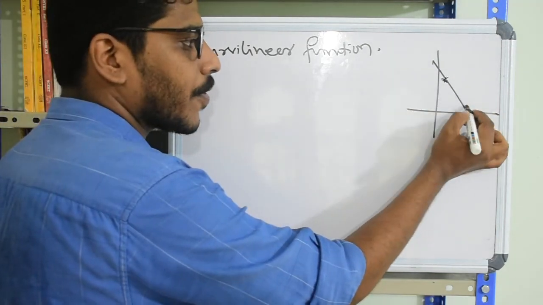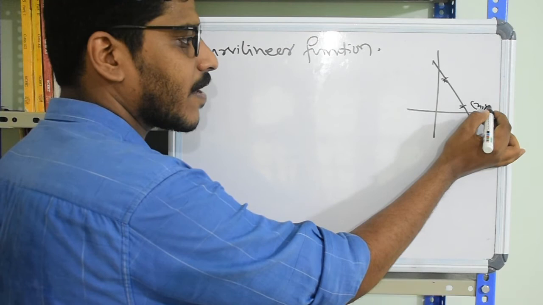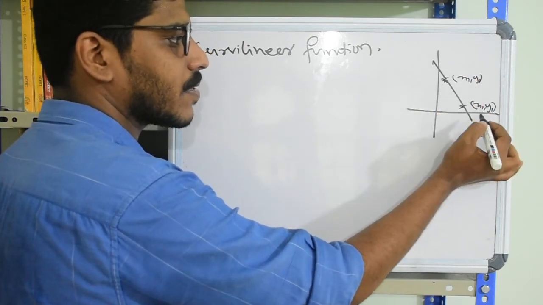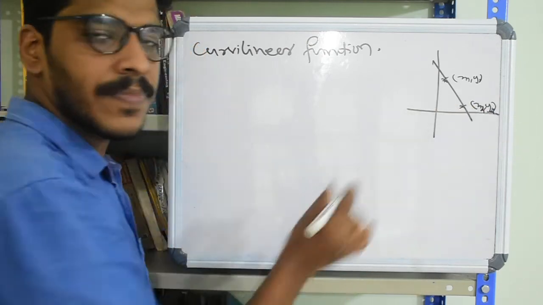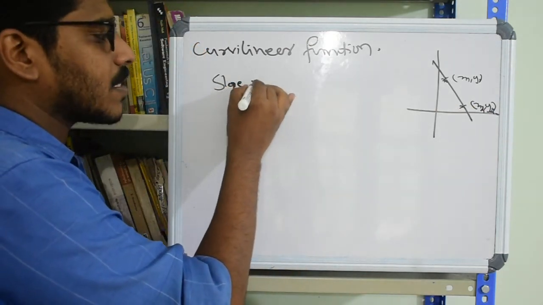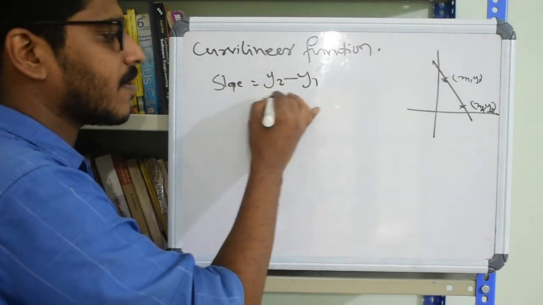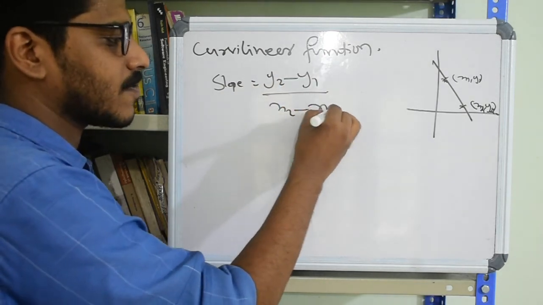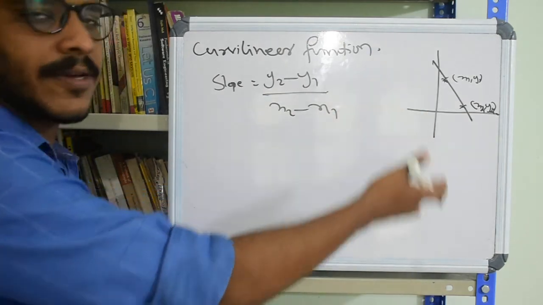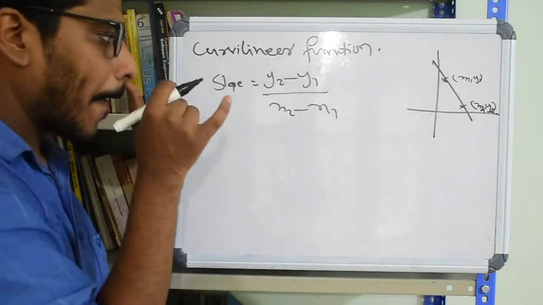We found two points, say x1, y1 here, the first point, and this is x2, y2. Then we found the slope as y2 minus y1 by x2 minus x1. And using this slope we made an attempt to write an equation for the straight line as well.